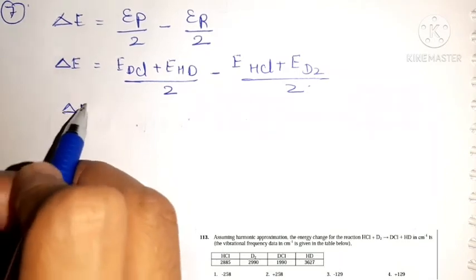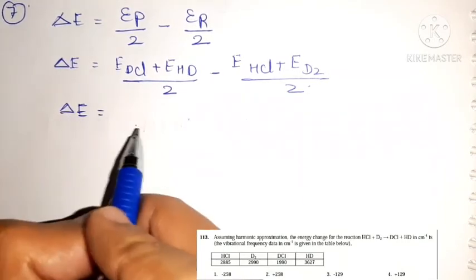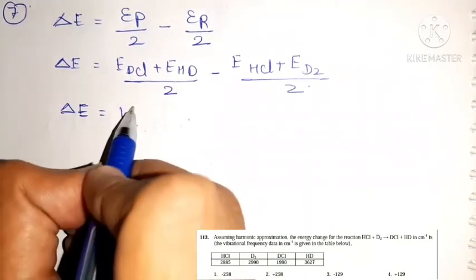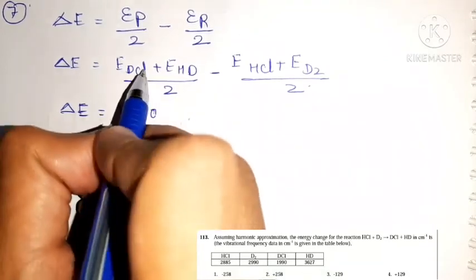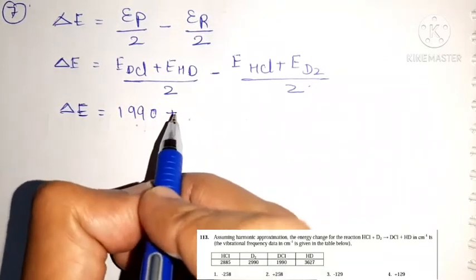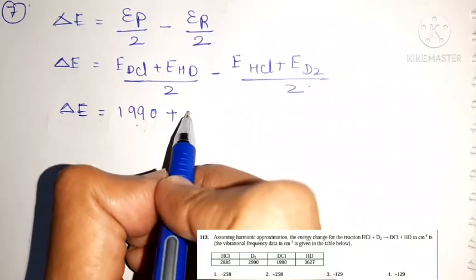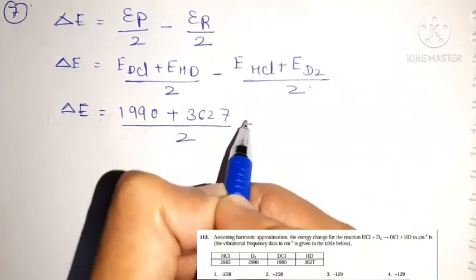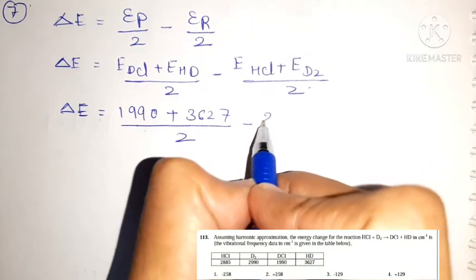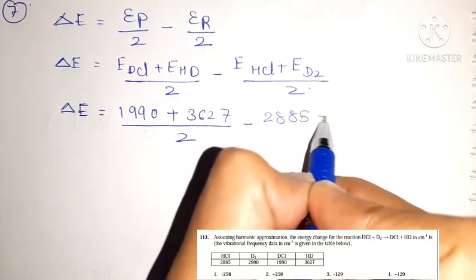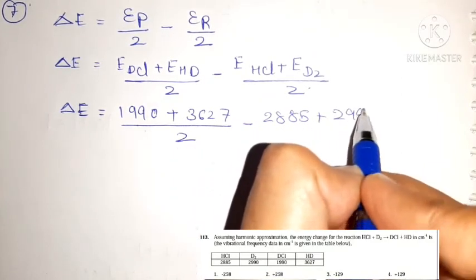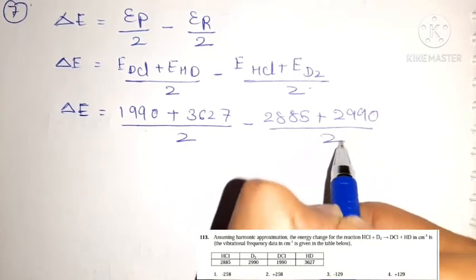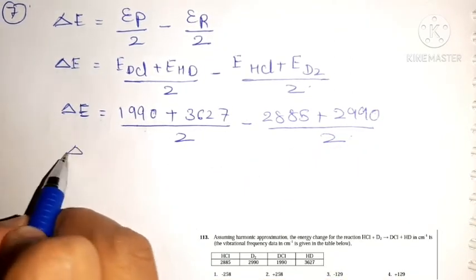So delta E is equal to, we have the data in this table, that is 1990 is the energy of DCl, according to your given table, and the energy of HD is 3627, divided by 2, minus the energy of HCl, which is 2885 centimeter inverse, plus the energy of D2, which is 2990 centimeter inverse, divided by 2. Now let's solve this.